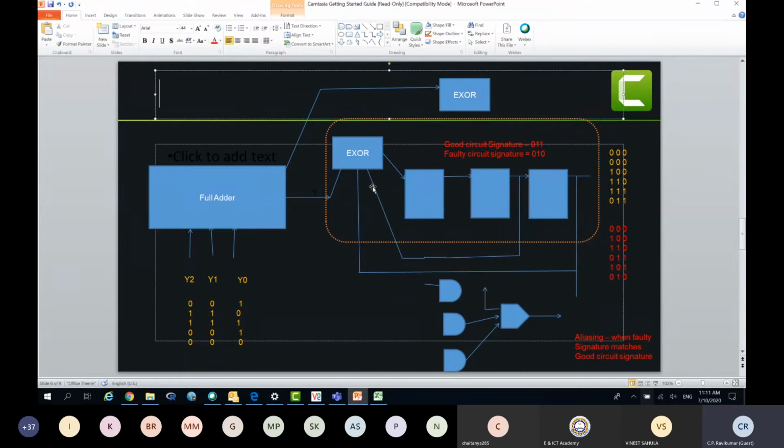We will take this output and this feedback output that is coming in, I can give it to this also.